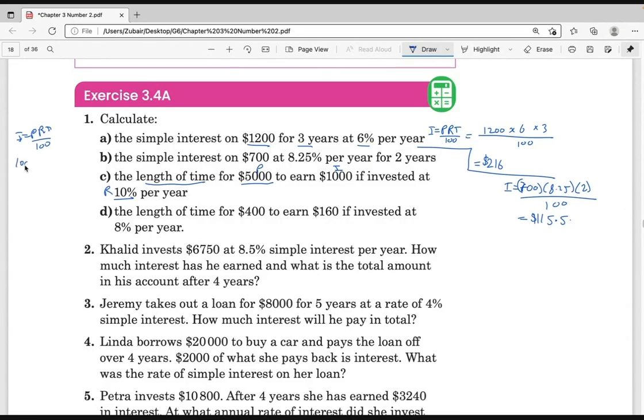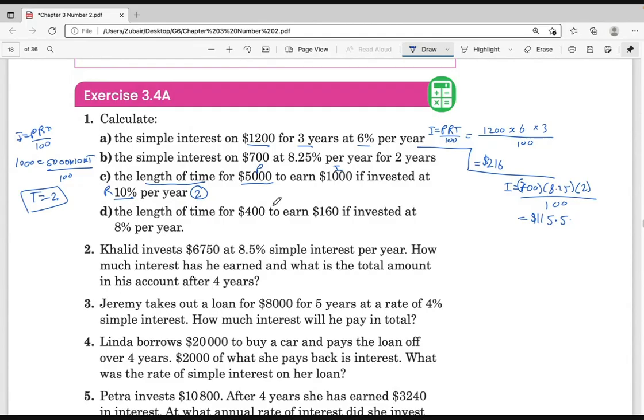Interest is 1000, principal amount is 5000, rate is 10%, and time is unknown, over 100. Now we just cross multiply: 1000 multiplied by 100 divided by 5000 and then divided by 10. So I'm getting 2. So it would take 2 years for this amount at this rate.